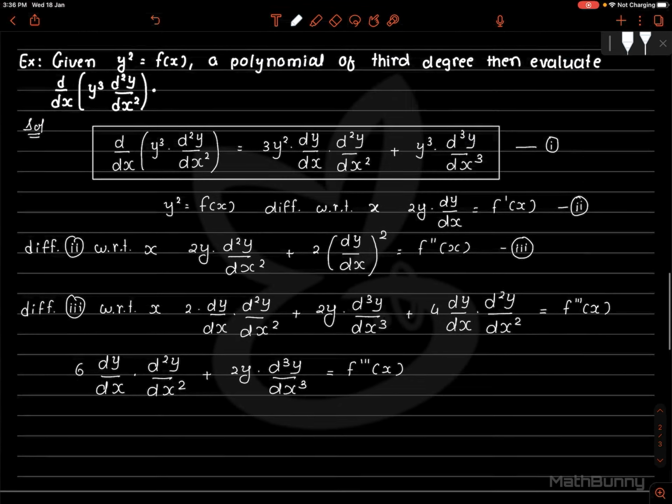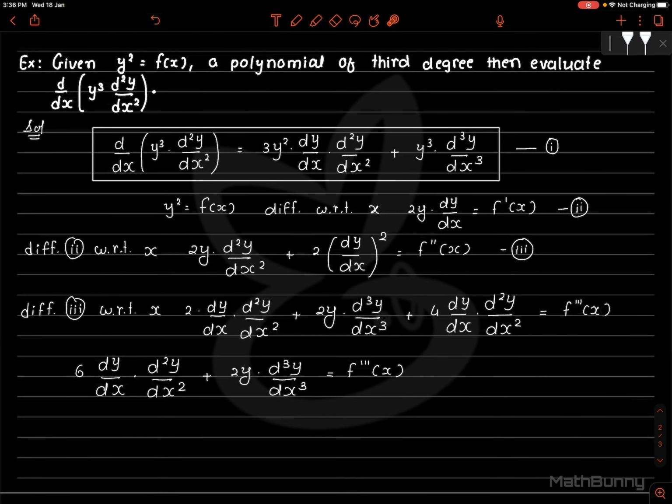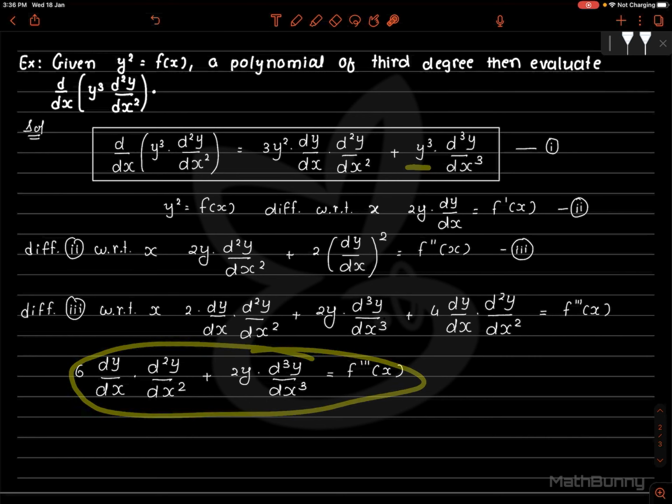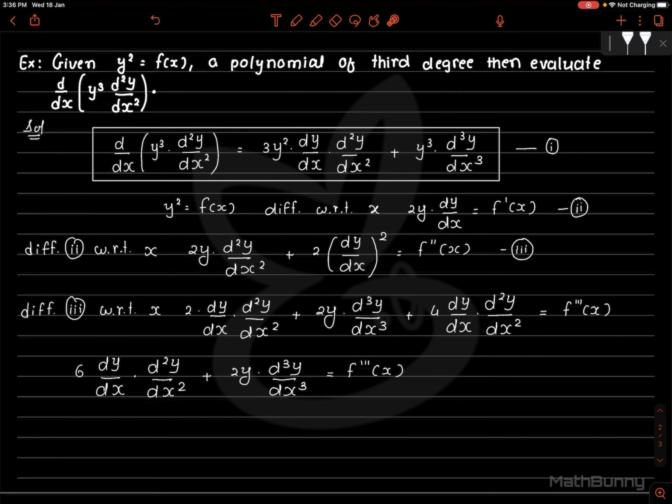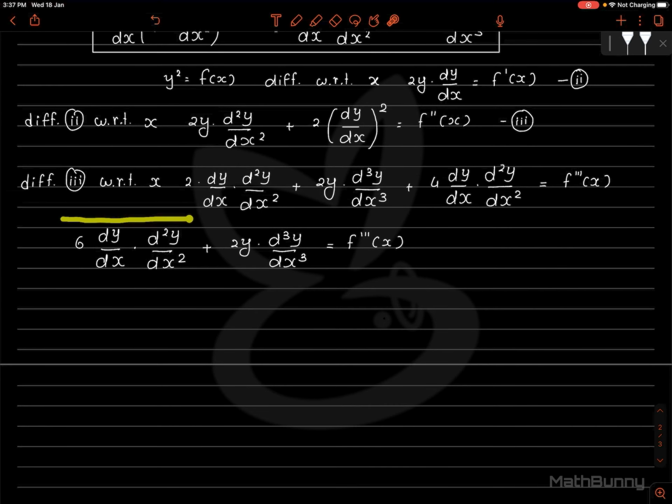Now let us see the question. The question has y cube. There is no y cube in here. And the question has 3. Here we have 6. There is 1. There is 2. We can deduce. We are supposed to divide this whole equation with 2. There is no y cube, but there is y here.